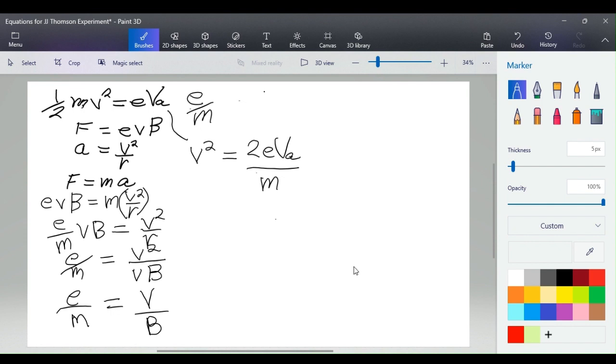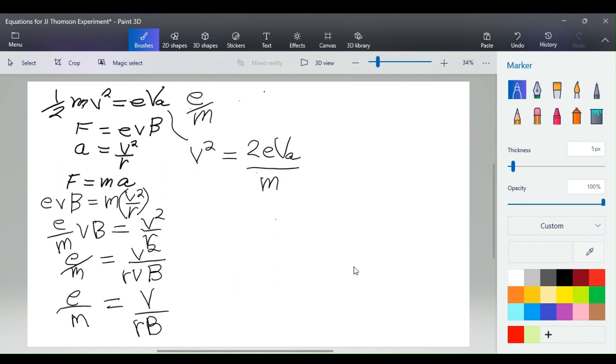Where'd the R go? Somehow the R disappeared. Oh, okay, we've got to have an R down here. And there was an R here. All right. Now I think we've got things going right.